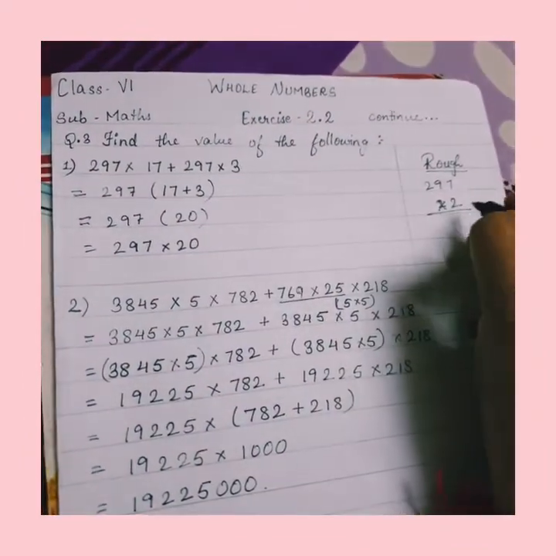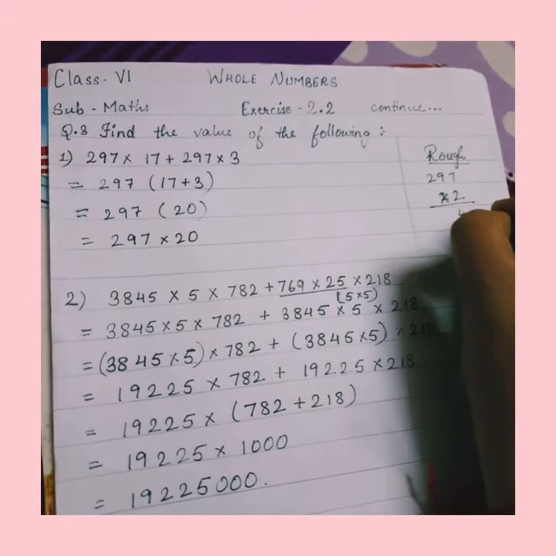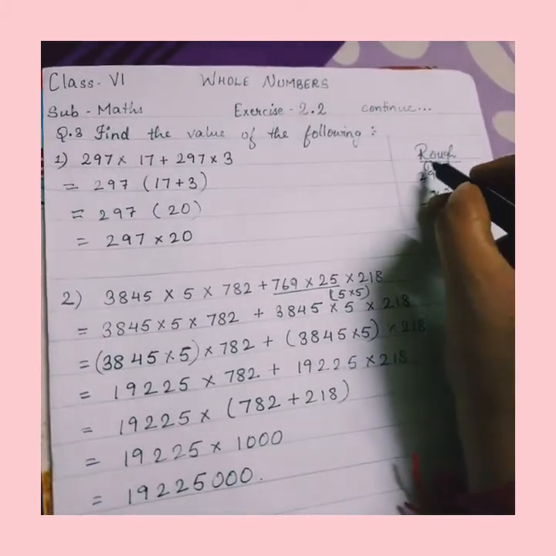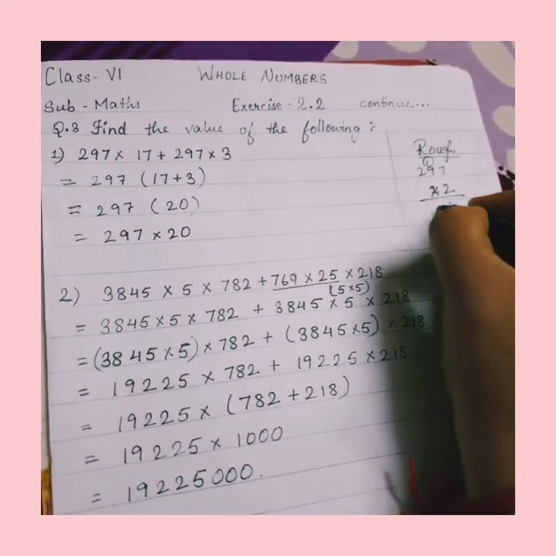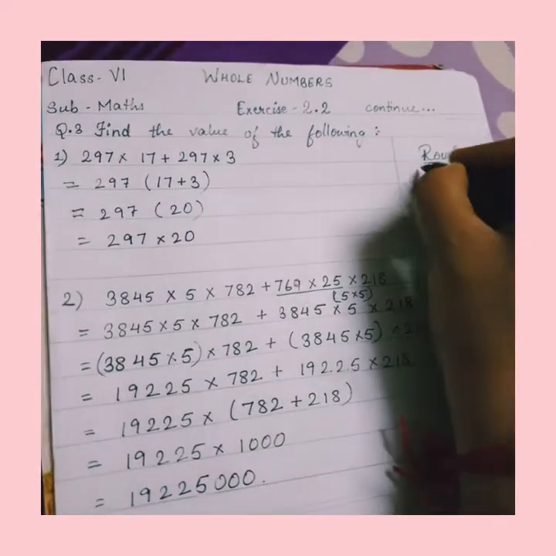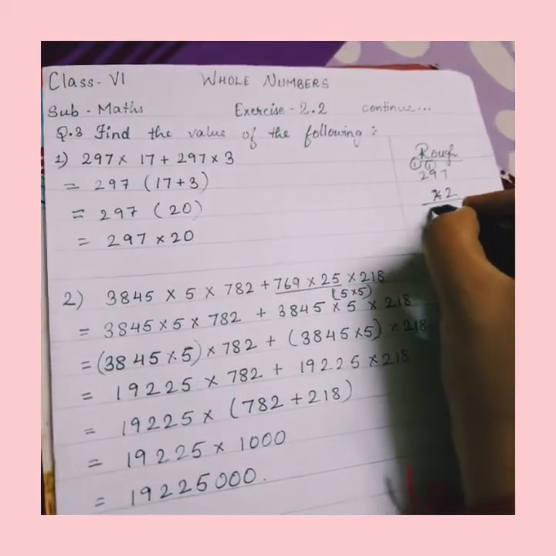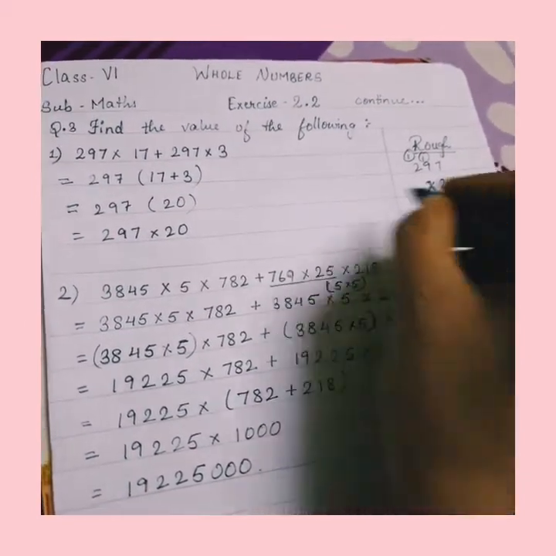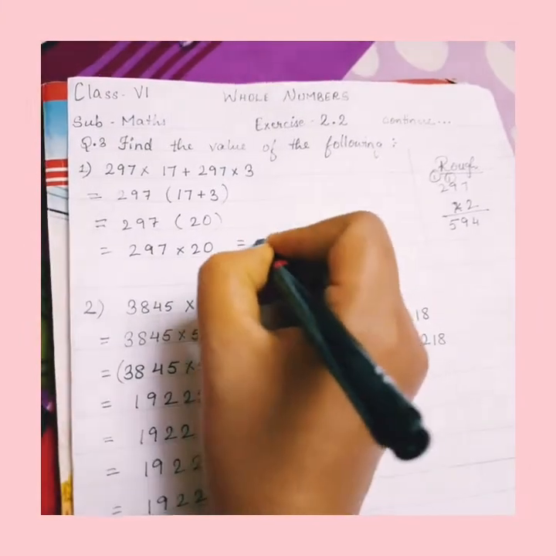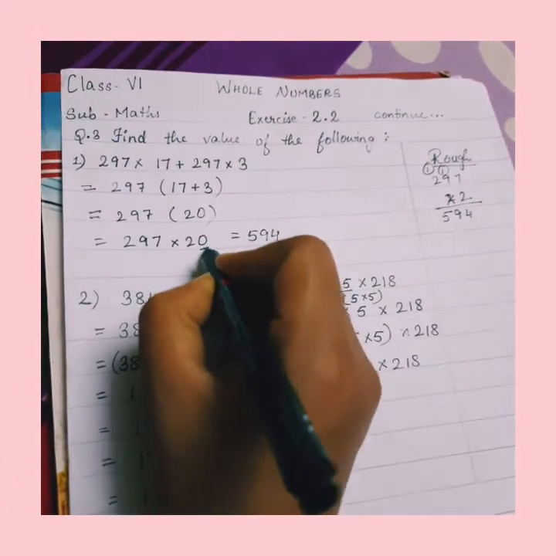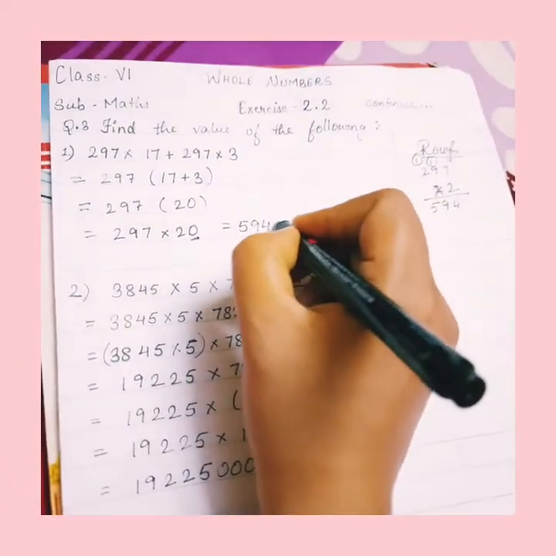So 2 sevens are 14. For that I will write here 4, 1 will be carried on. 2 nines are 18 plus 1, that is 19. So I will write here 9 and 1 will be carried on. 2 twos are 4 and 1, 5. So 594 I will get from here, and the 0 I have left here as it is, so that 0 will be copied in the answer.